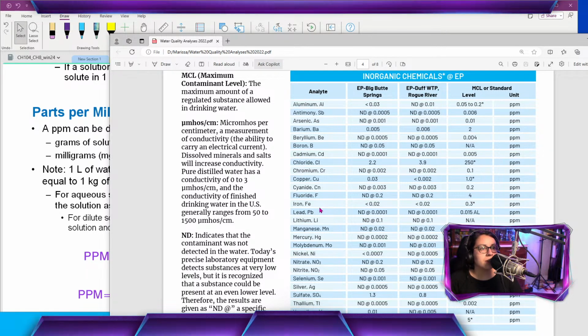Let's start with fluoride. This one is not detected in the water, and the standard level is 4 parts per million. Then we'll look at another one. Lead was not detected, again in parts per million, and this is pretty good. It is allowed up to 0.015.